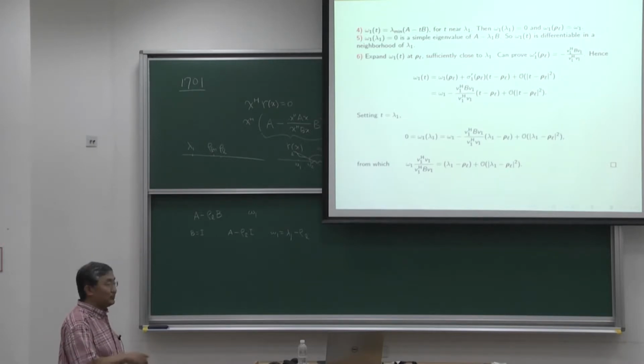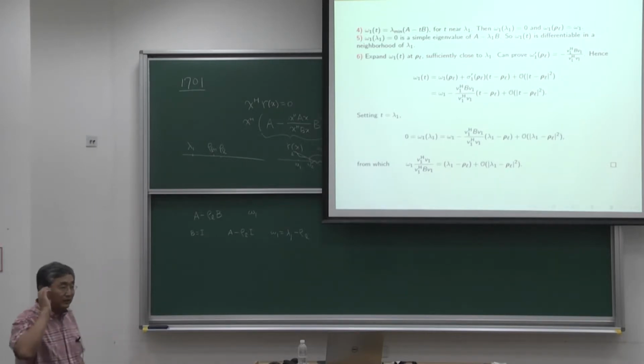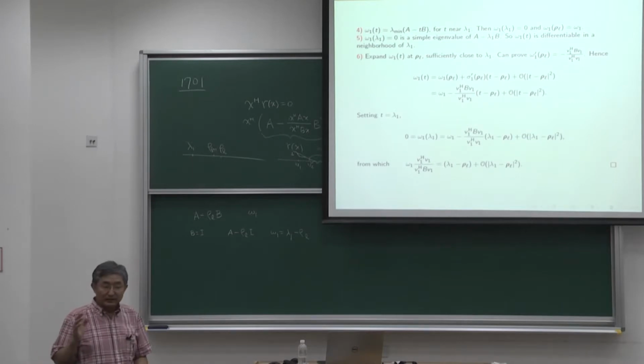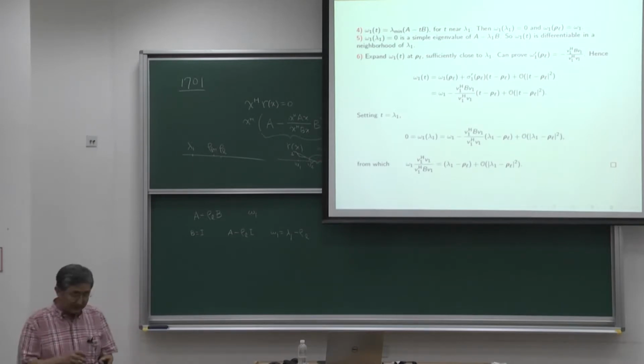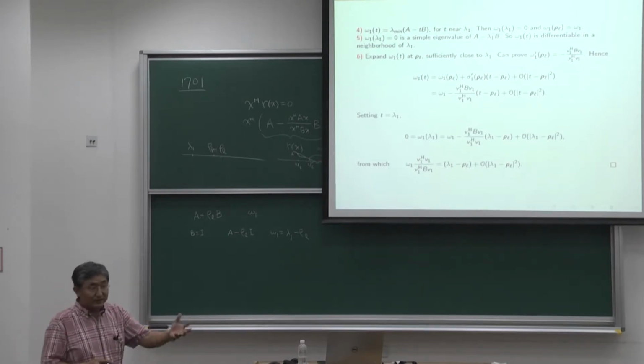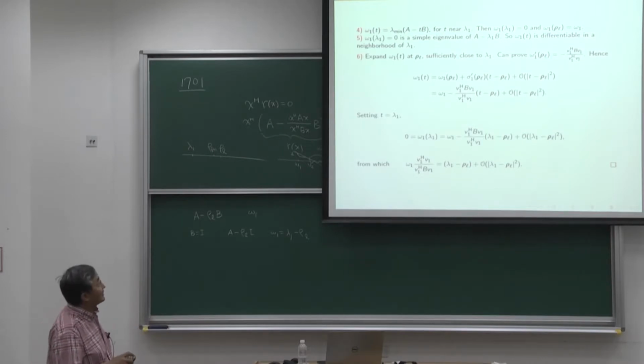You know all simple eigenvalues are differentiable if the matrix depends analytically on a parameter t. In this case it does, since A minus tB is linear. Of course, it's analytic. So omega 1(t) is differentiable.